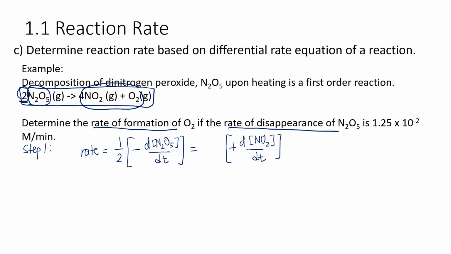And in the balanced chemical equation, there are 4 mole of NO2 being produced. So to write it in the differential rate equation, we must write it as 1/4.